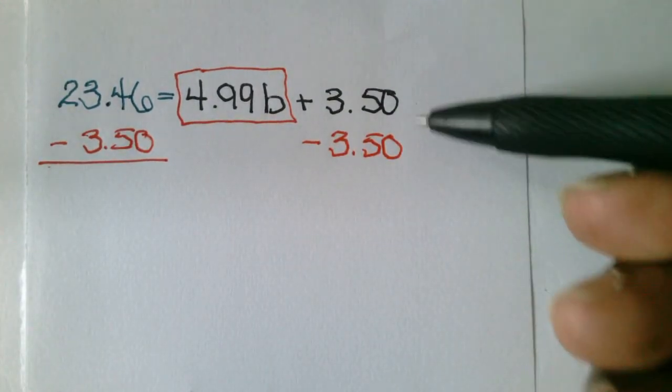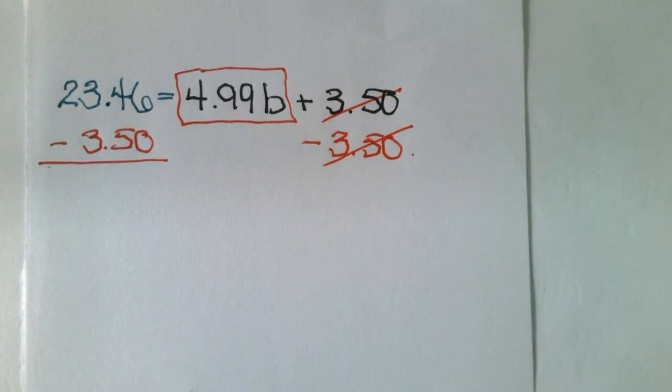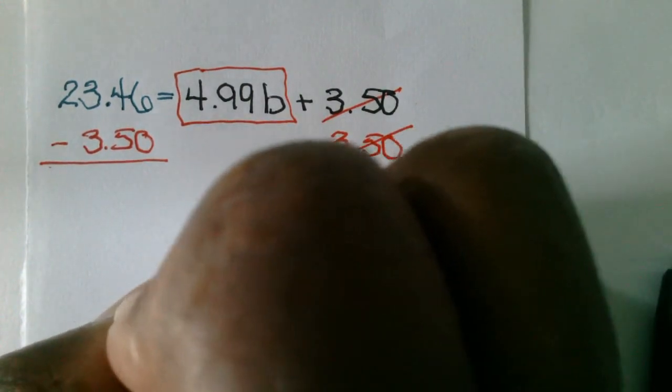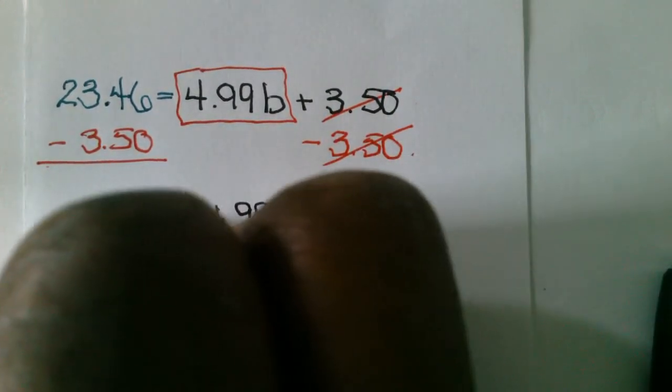We had a positive 3.50, so we're going to subtract 3.50. So that gives me 0. We don't need that placeholder of 0 because we still have our 4.99B to bring down.